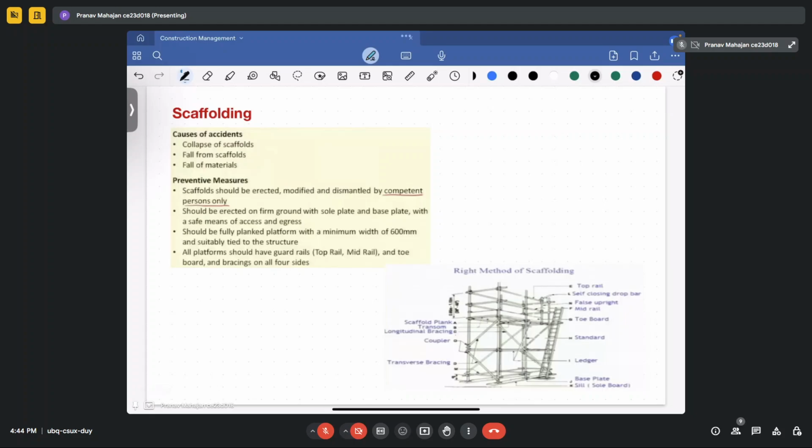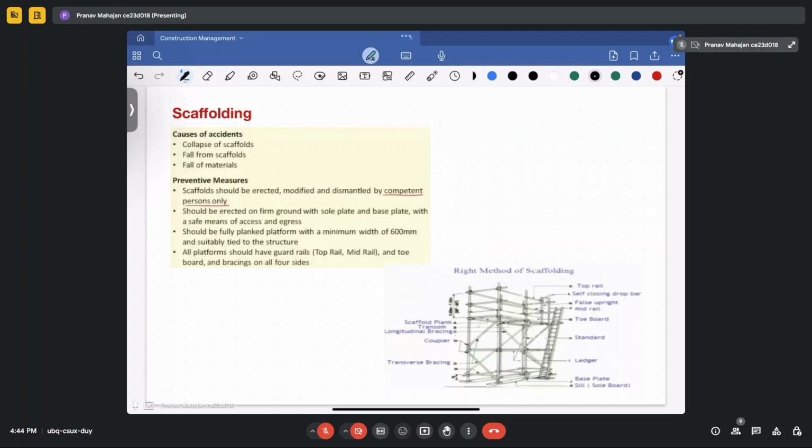So scaffolding is also one equipment that is utilized to work at high heights. The causes of accidents for scaffolding are the collapse of the scaffold, fall from the scaffold, and fall of materials from the scaffolds. So what preventive measures are to be taken into account?